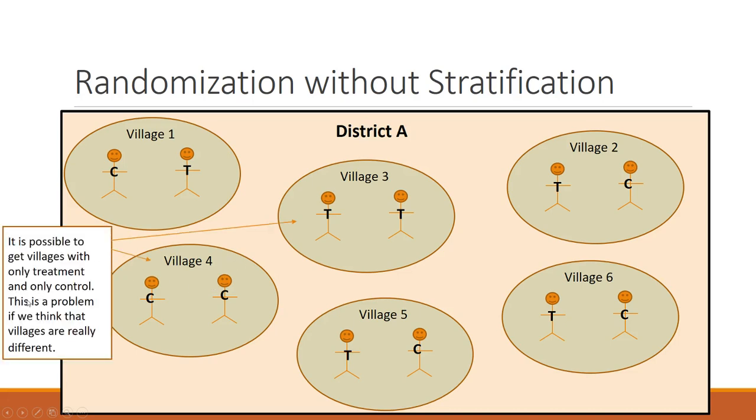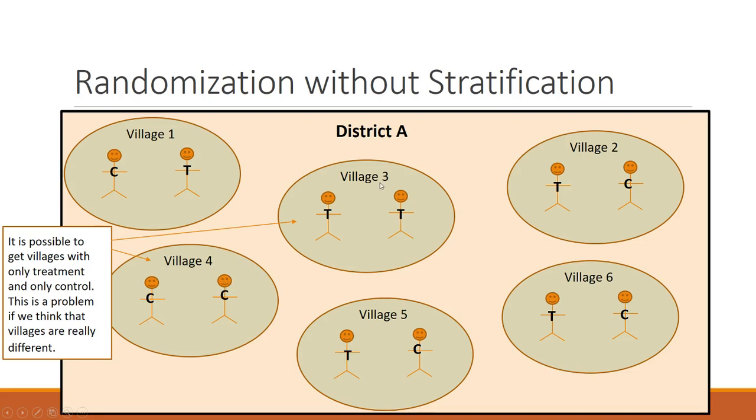This is a problem if we think that villages are really different from each other. If the farmers in these different villages are very different from each other, let's say village 1 is really different from village 2, and village 3 is really different from village 4, then we don't want village 3 to have all treatment farmers and village 4 to have all control farmers.